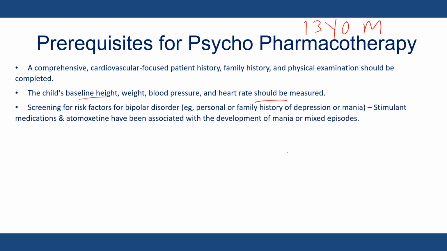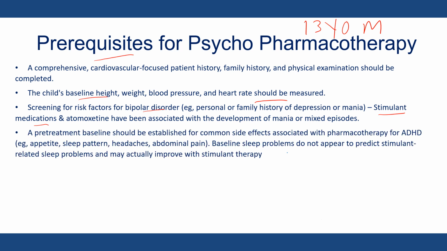Screen for other risk factors such as bipolar. That's a prerequisite. Make sure we are not treating someone with ADHD medication when the diagnosis was bipolar. That would be a bad thing to do, right? Or make sure they don't have a history of taking other stimulant medication. That would not be a good thing.